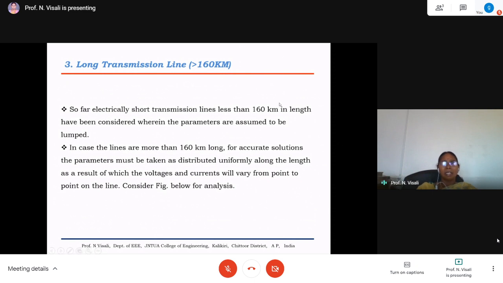For calculation purposes, we assume the parameters are lumped at one particular location. In the case of lines more than 160 kilometers long, for accurate solutions, the parameters must be taken as distributed uniformly along the length, as a result of which the voltage and currents will vary from point to point on the line.